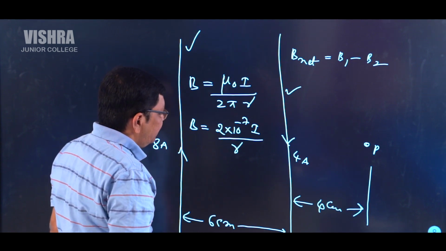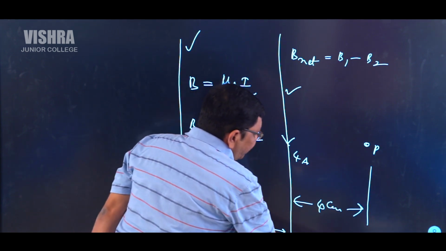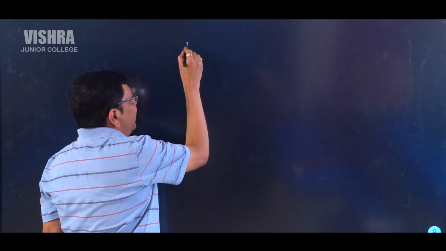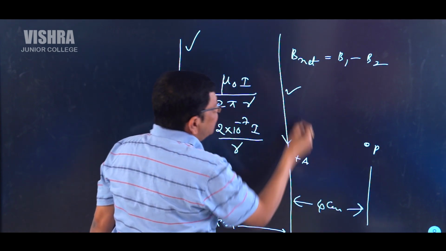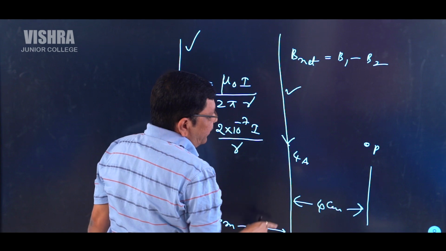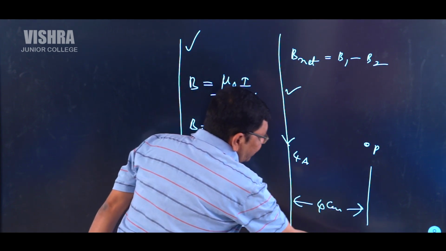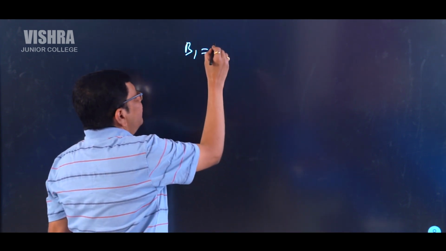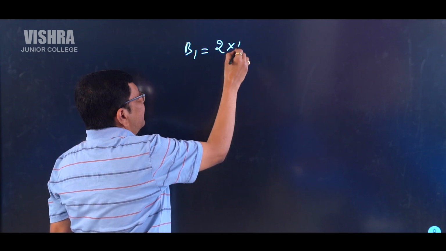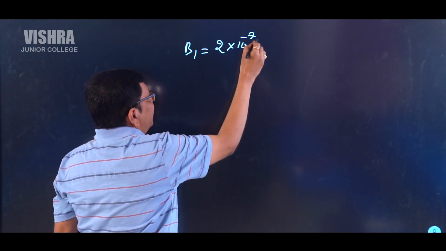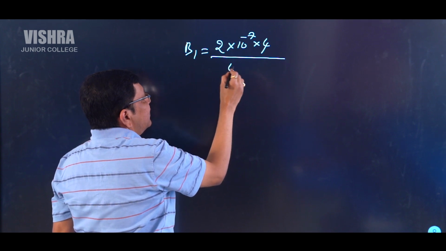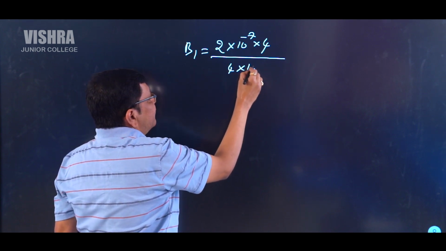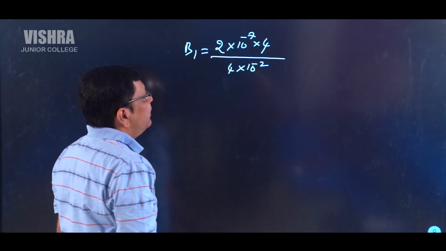According to this condition, if you calculate the magnetic field, B1 will be, for this wire, current is 4 ampere, distance is 4 centimeter. So 2 into 10 power minus 7, mu naught by 2 pi, into current 4 ampere by r, the distance is 4 centimeter, that is 4 into 10 power minus 2 meter.